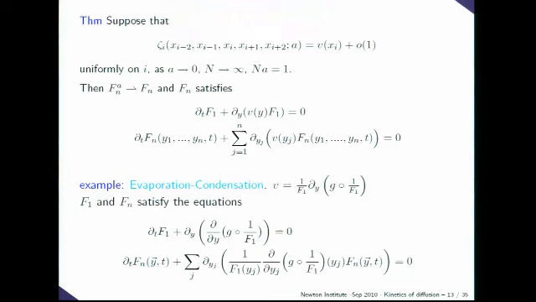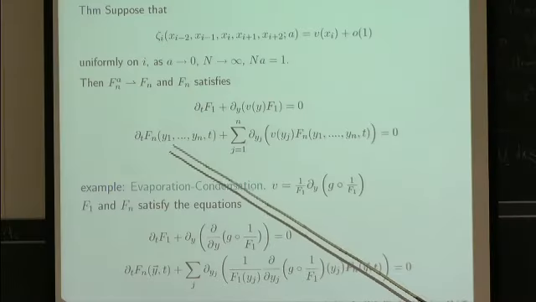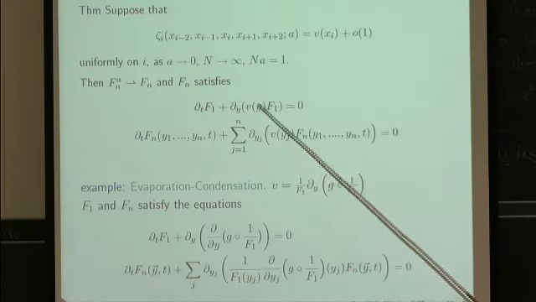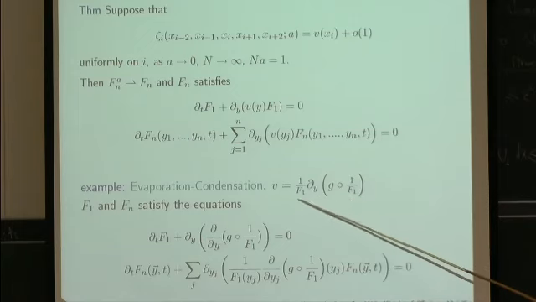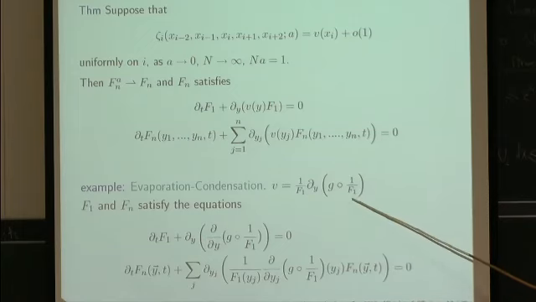So somehow in this problem, in the limit, the first equation is the one that matters, that you compute, and then the other equations will be the ones that compute the correlations from the correlations of the initial data. This is how this kind of problem works. And now we are in business, we can calculate. For instance, in the evaporation condensation, this is what V does.